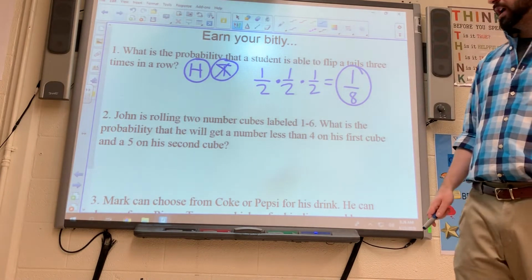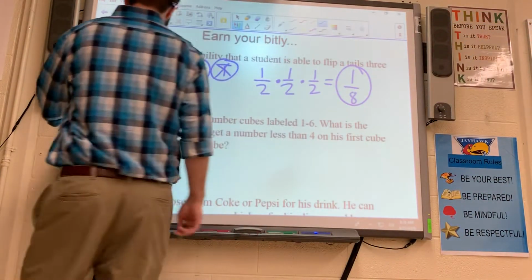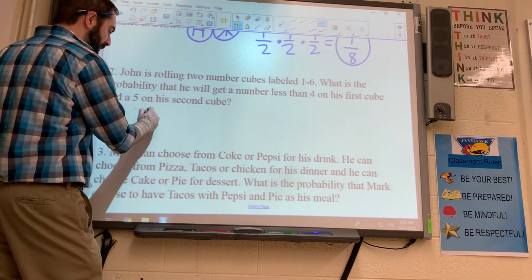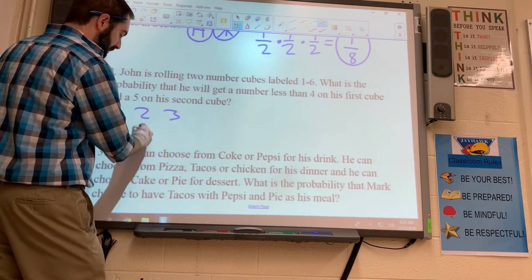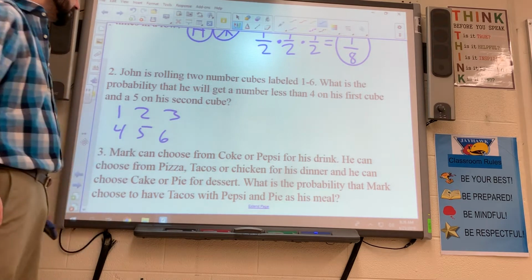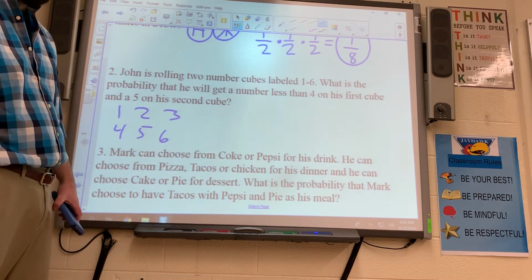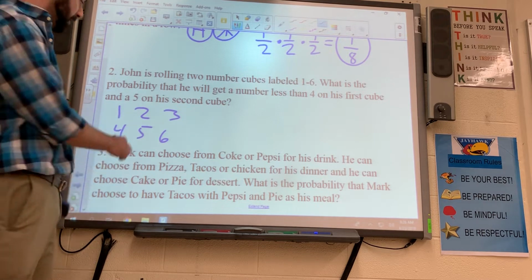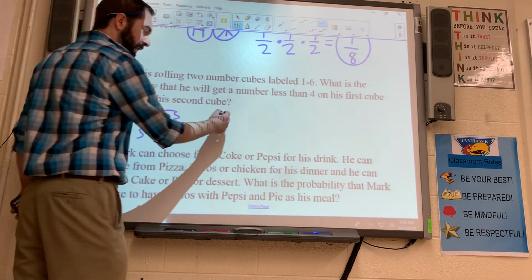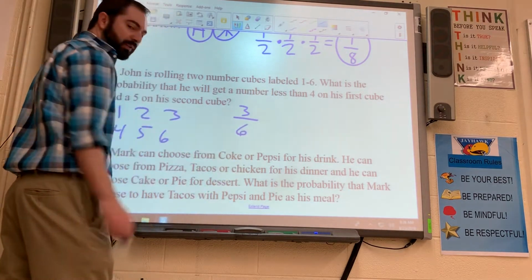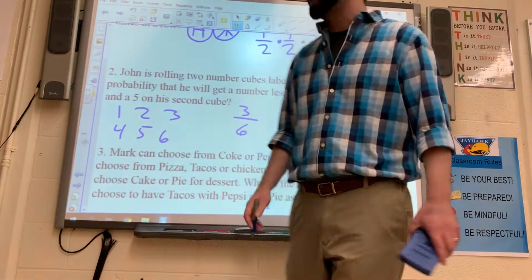Second one, John is rolling 2 number cubes. Okay, so I have 2 dice here, labeled 1 through 6. Well, first thing, I probably want to draw some dice out. 6 numbers, 1 through 6. It says, what's the probability that he gets a number less than 4 on the first cube? Well, the first cube, less than 4: 1, 2, 3. 3 out of how many? 6 numbers. So I have a 3 in 6 chance of getting a number less than 4.